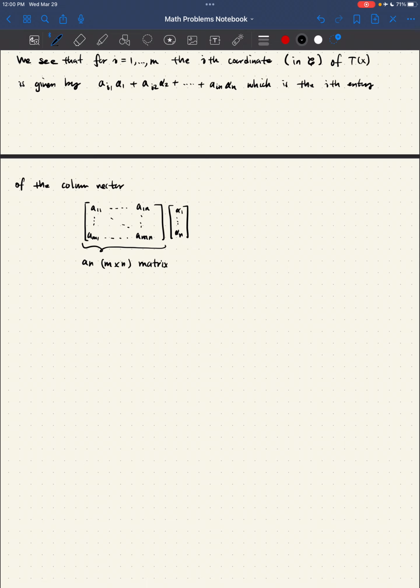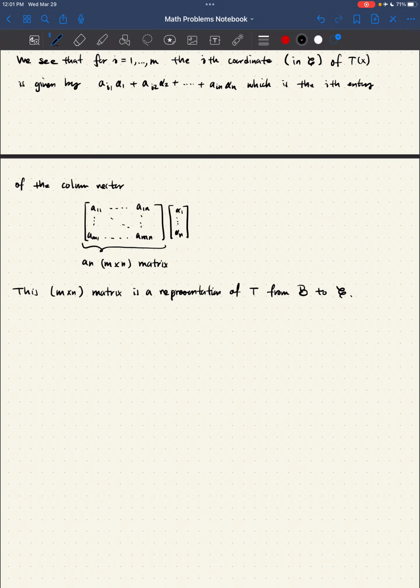So how can we summarize it? This m by n matrix is a representation of T from basis B to basis C.